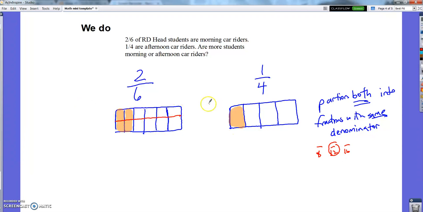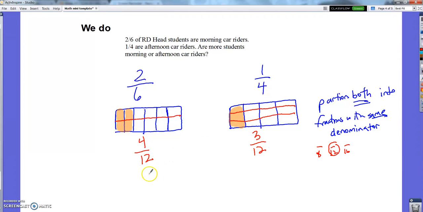So I'm going to cut that into one line, partitioning it into 2 pieces. And I'm going to get 4/12. And then to get 12ths here, I had to partition twice. 1, 2. When I partition that twice, I get 3/12.